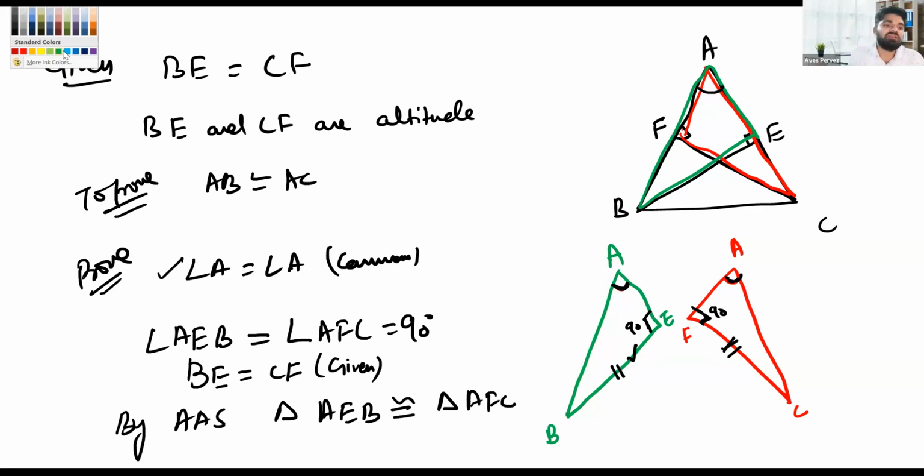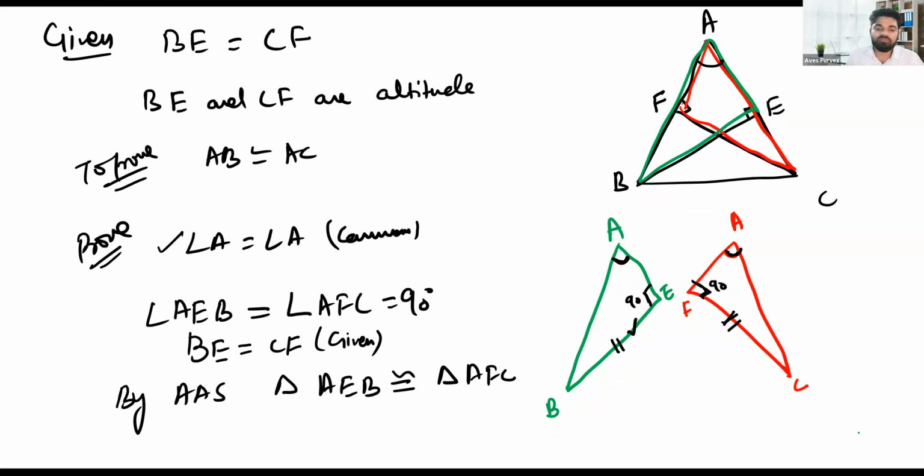So by CPCT, this angle will become equal to this, and this side will become equal to this side. We only need to prove that this side is equal to this side. When AB becomes equal to AC, you can write by CPCT, AB will be equal to AC.